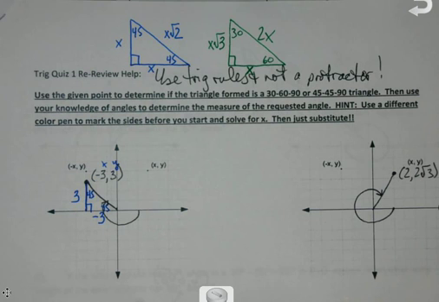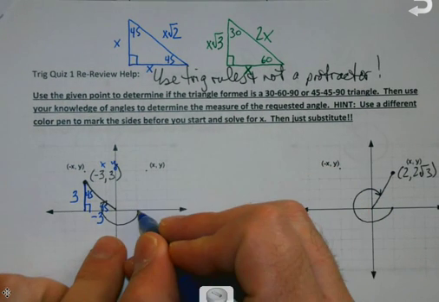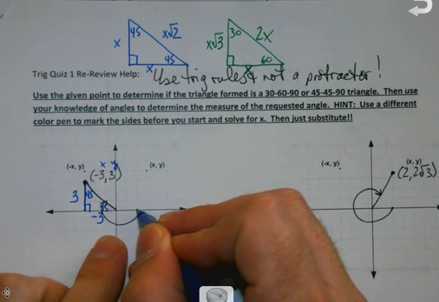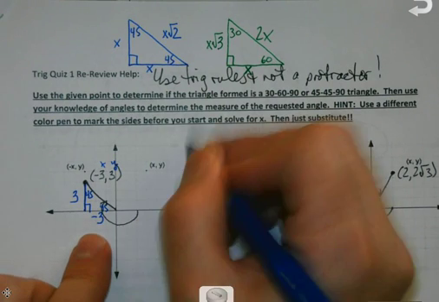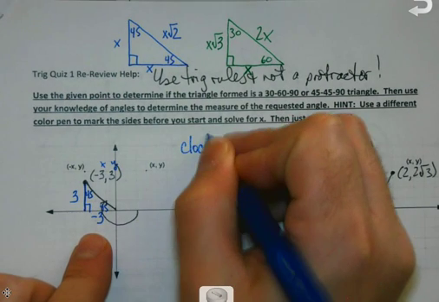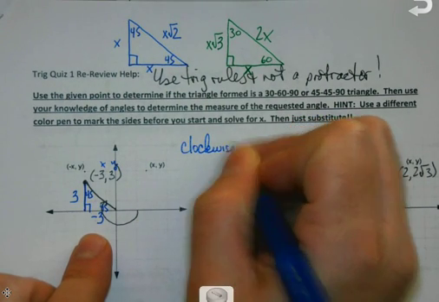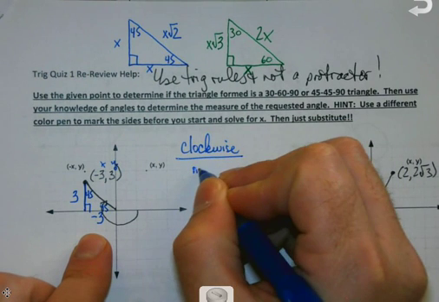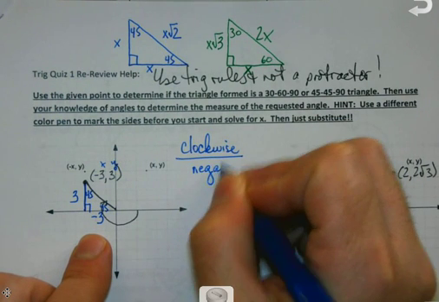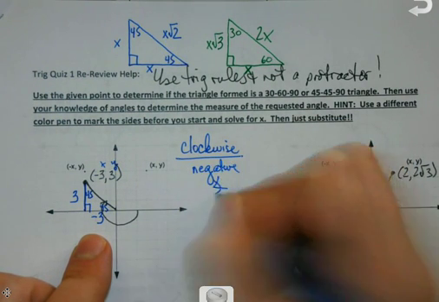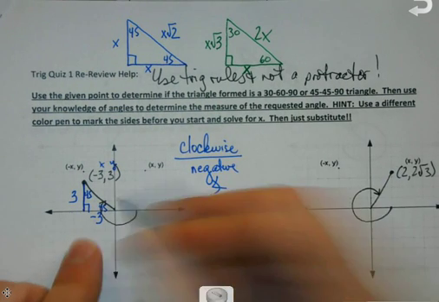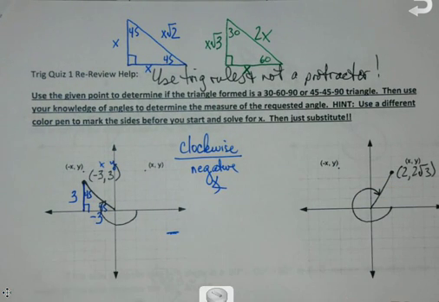So here's how this would work. I start here and I'm going clockwise. If I'm going clockwise, that's going to be a negative angle, so I know my answer is going to be negative.